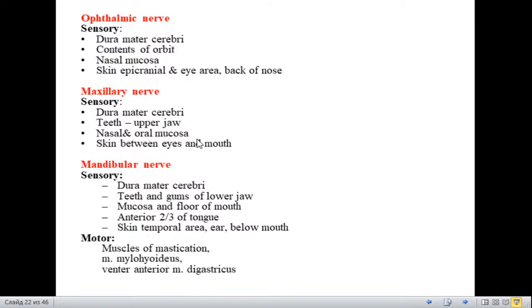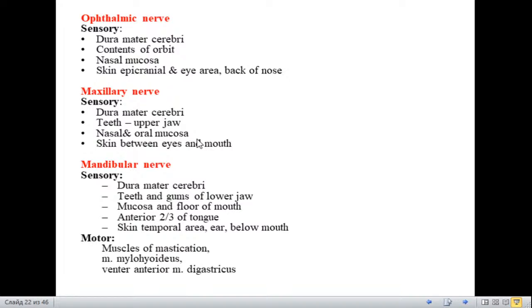The sensory one supplies the meninges of the brain, lower teeth and gums, mucosa and floor of the mouth. Then general sensory innervation of the anterior two thirds of the tongue and skin below the oral fissure and skin of the temporal area. Motor fibers supply all muscles of mastication, and besides that some suprahyoid muscles.